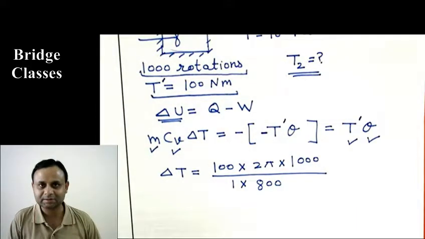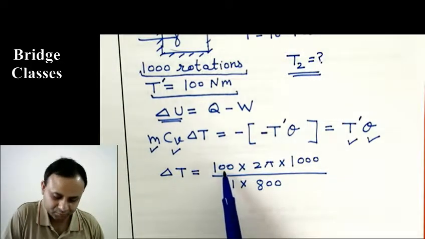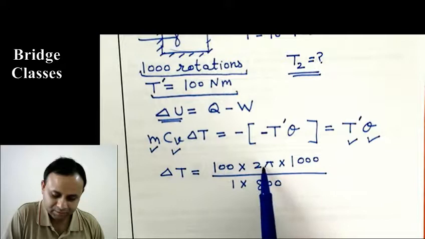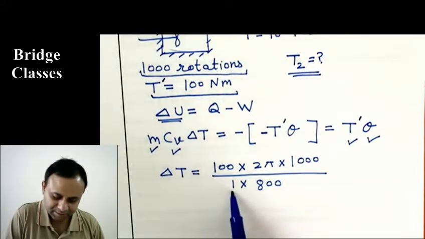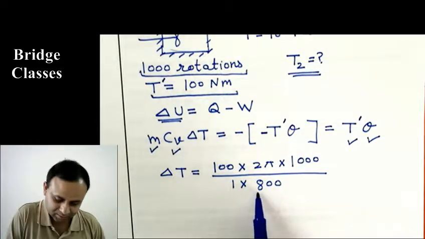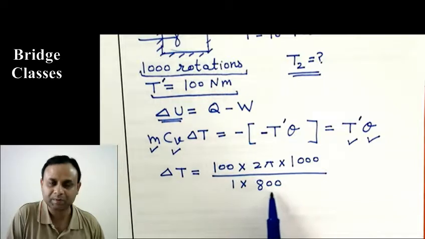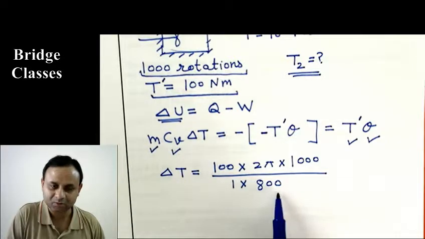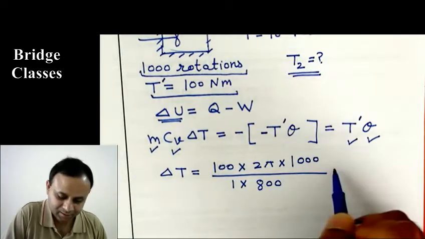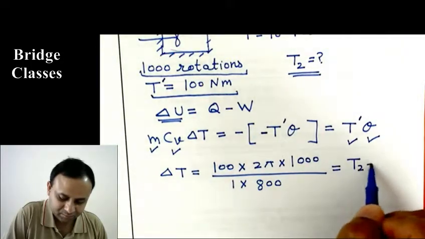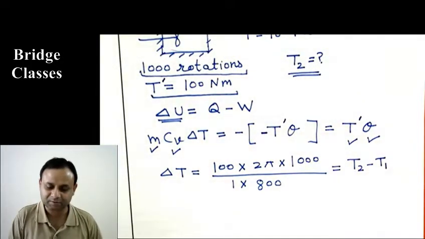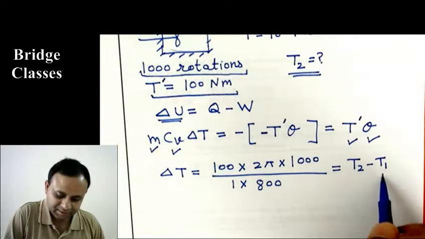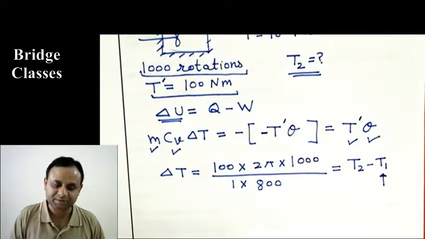Okay, so again be consistent with units. If torque is Newton meter, this is 2 pi number of rotations, mass is kilogram, then this Cv will be joule per kilogram Kelvin. Don't take kilojoule here. So this gives us delta T, which is T2 minus T1, final minus initial temperature. We still need initial temperature to get final temperature.